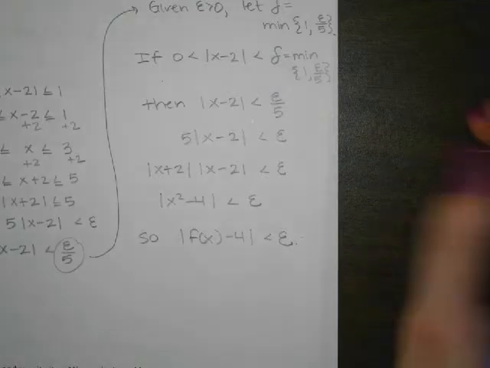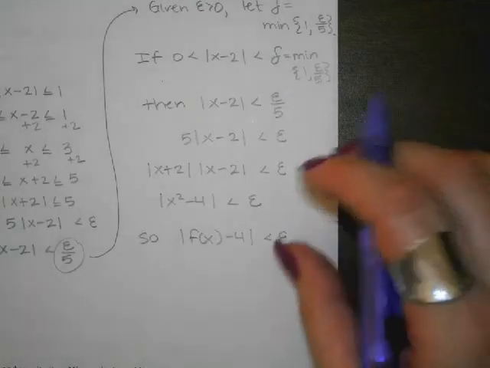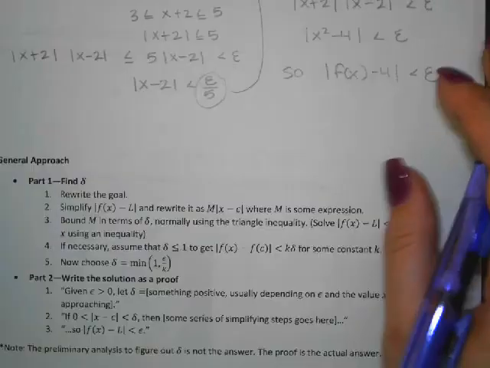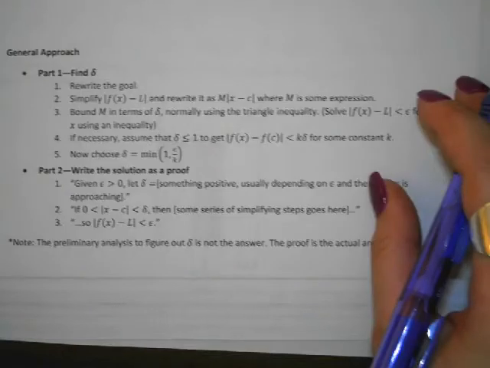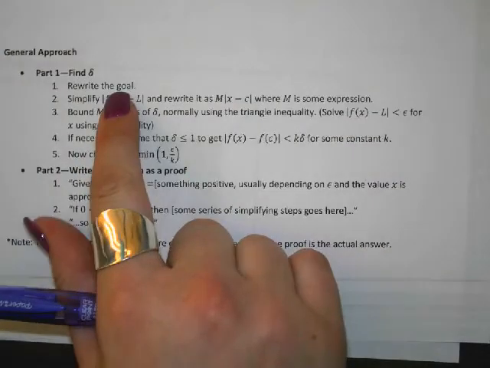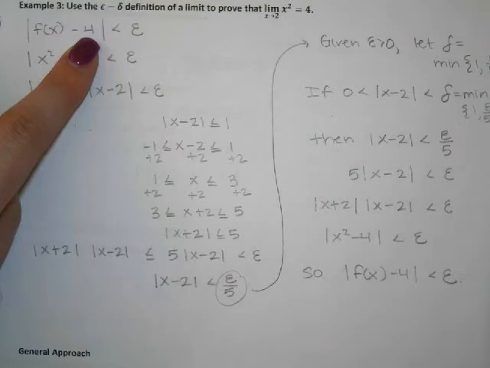Okay, so I found this part down here on a math professor's website, and I liked it. It says, rewrite the goal. Now, we didn't do that, but you could do that up here. You could say, if I have an epsilon greater than 0, I need to find the delta.